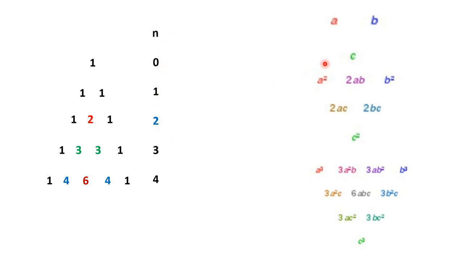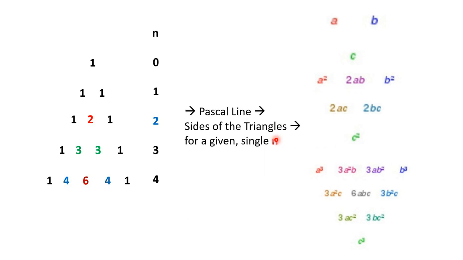Interestingly, for a particular n, we are getting a triangle here for trinomial, but there for a particular n, we are getting a line. So a line corresponds to a triangle here, okay? And not only that, if you see it closely, you will see this Pascal line is occurring in the 3 sides of the triangle, right?